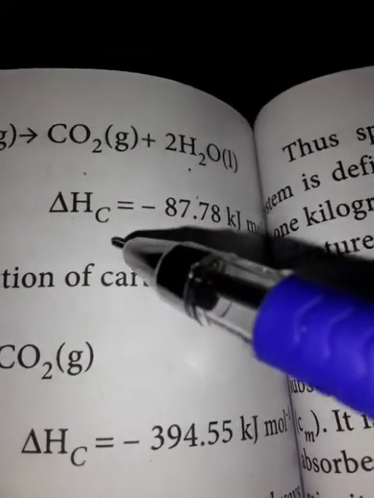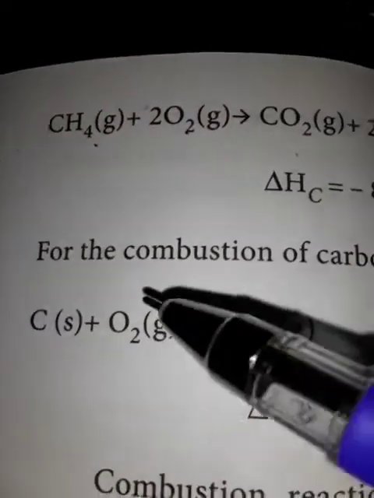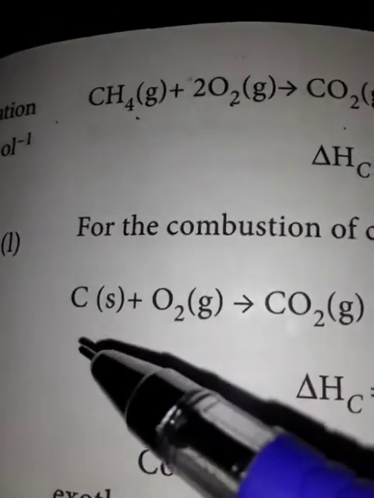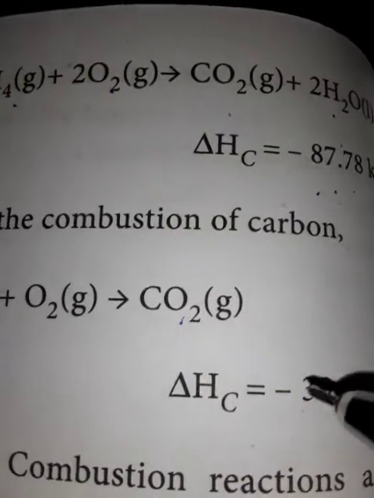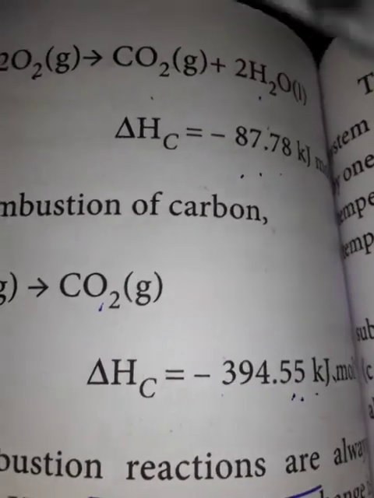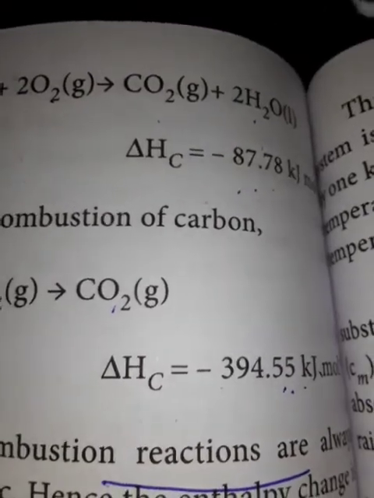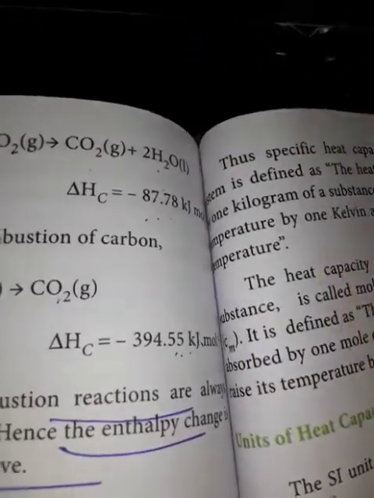The delta Hc value is minus 87.78. One more example, the combustion of carbon. Carbon when burned with oxygen forms carbon dioxide, and the value is minus 394.55 kilojoule per mole. Here also negative. So combustion reactions always have negative values because they are all exothermic reactions.